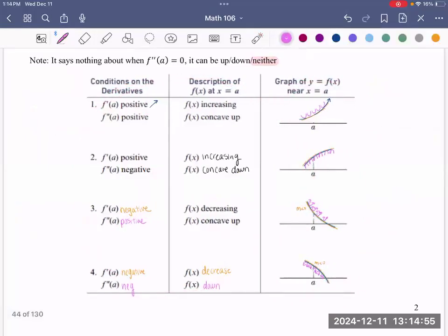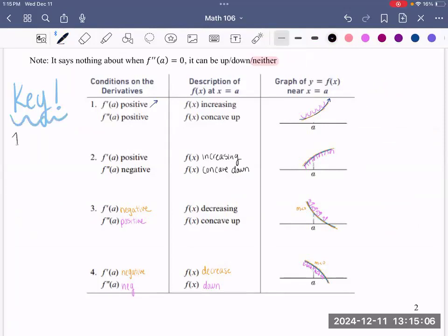But keep in mind the emphasis on the key here, is that your first derivative is the slope of the tangent line. The second derivative is the concavity.